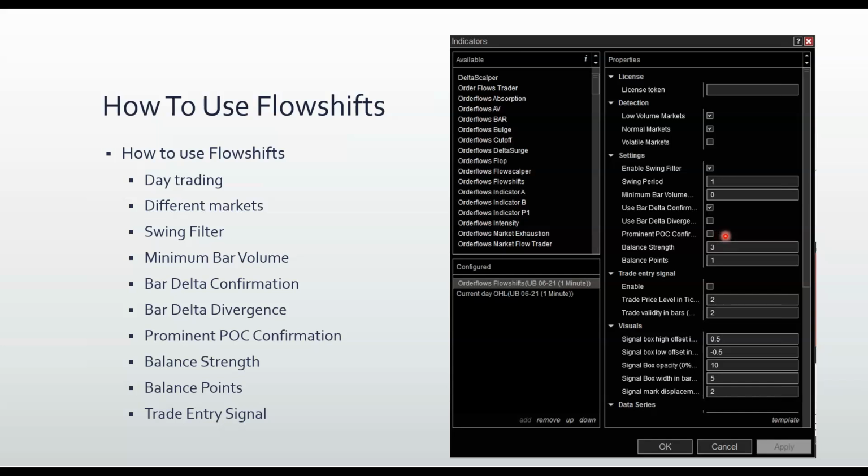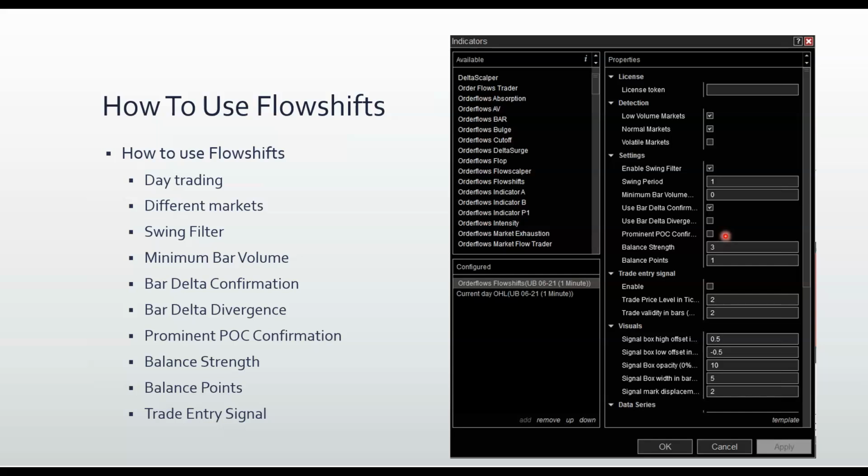Now, balance strength and balance points. This is where most of you guys are going to live in here. Balance strength and balance points are different, okay? Balance strength is a value between 1 and 5. Balance points is also a value between 1 and 5. Obviously, 1 is the weakest.